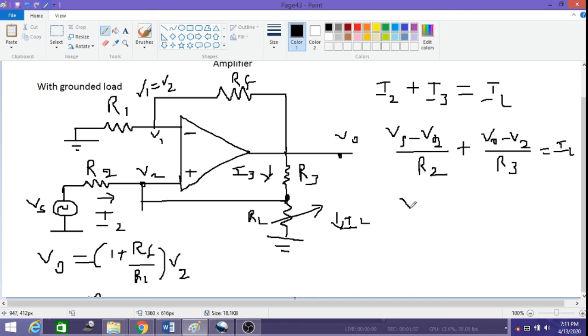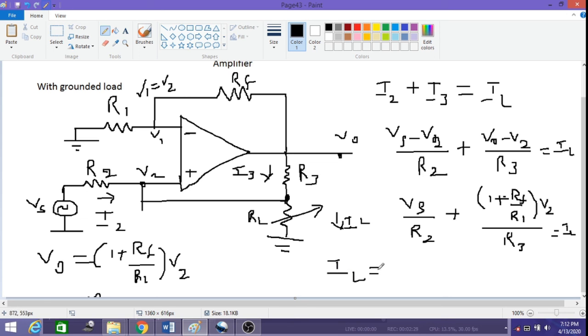If you rearrange this equation, we get Vs by R2 plus 1 plus RF by R1, because from this equation we know V1 is equal to V2, applying the voltage divider rule here, all divided by R3, equal to our IL equation. Finally, when we rearrange everything, we get the final equation: IL is equal to Vs by R2. This is the final equation for this case.